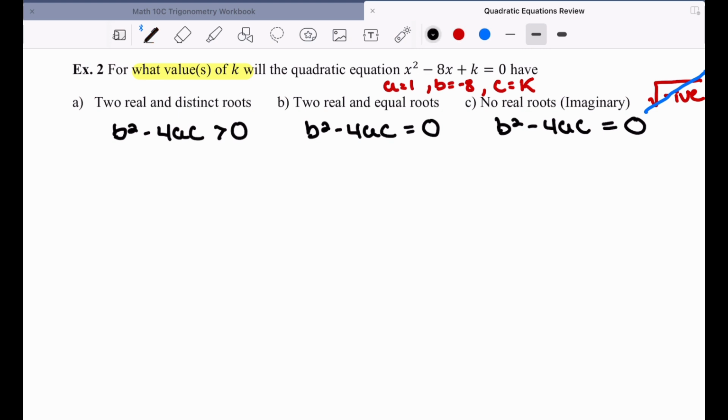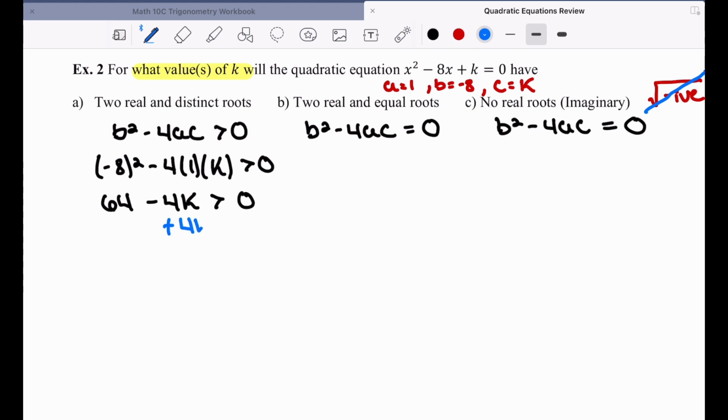Let's sub in what we know. We know -8 squared minus 4, a was 1, and c was just k, is greater than 0. -8 squared is 64, and then we have minus 4k greater than 0. Now, if I move this over, so if I go plus 4k, that algebraic step will isolate k on the other side, so 64 is greater than 4k.